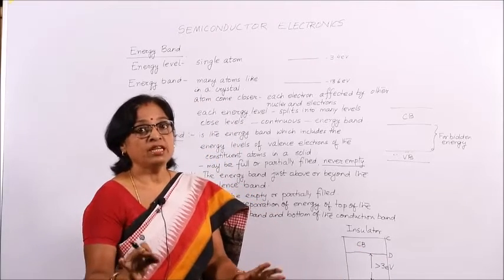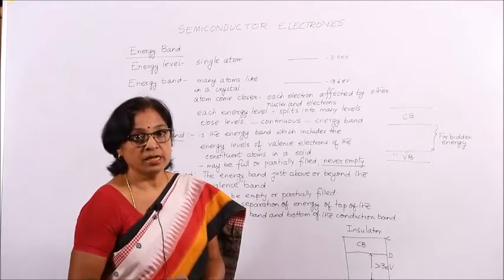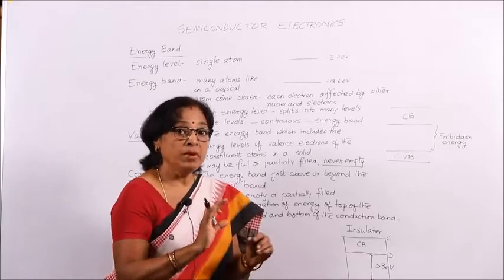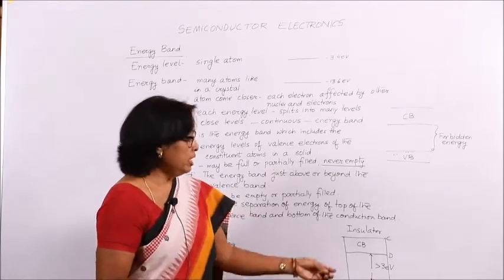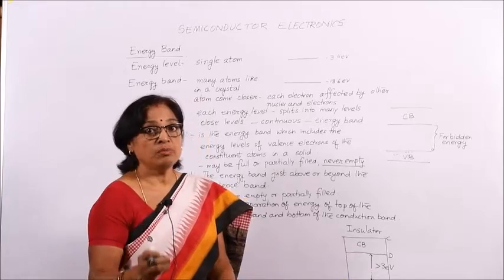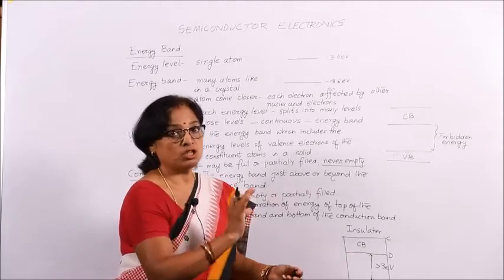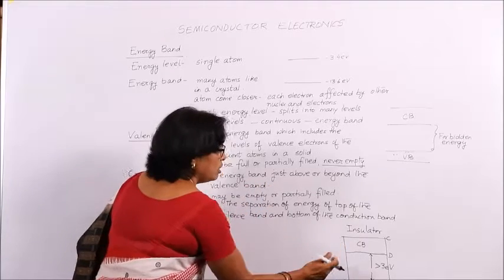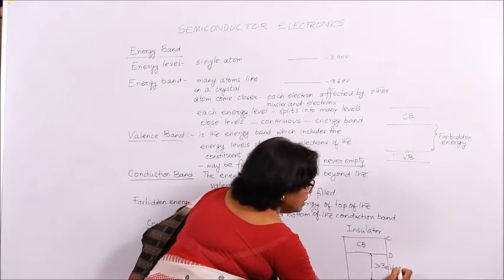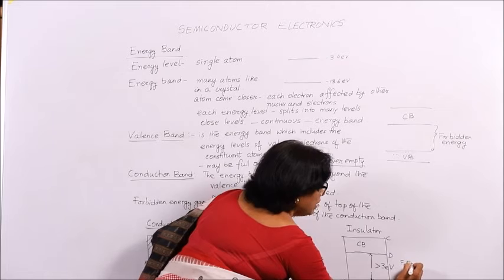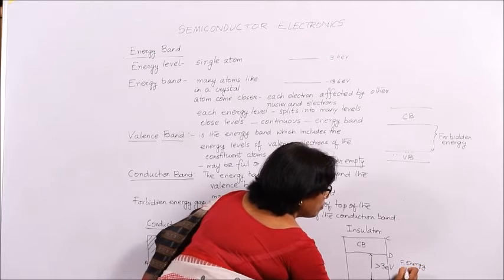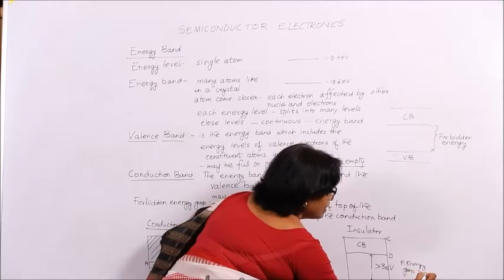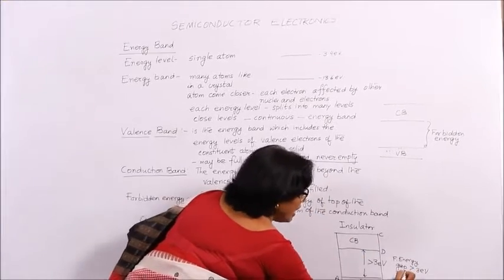By no means can you supply 3 electron volt energy, and hence an insulator remains an insulator, it never conducts, even if you try to take some electron from the valence band to the conduction band, which is not possible. An insulator never conducts. So here the forbidden energy gap is very large, greater than 3 electron volt.